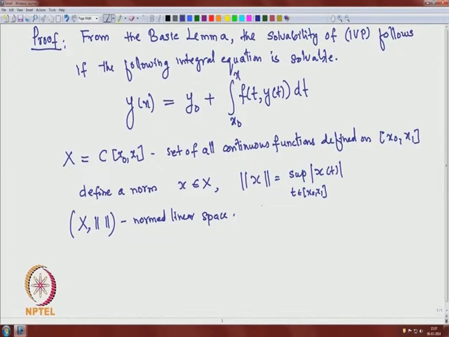So, it is a complete normed linear space, that is, a Banach space with the sup norm.